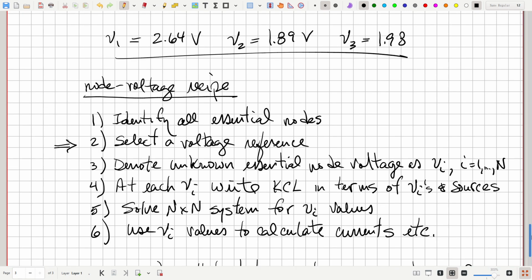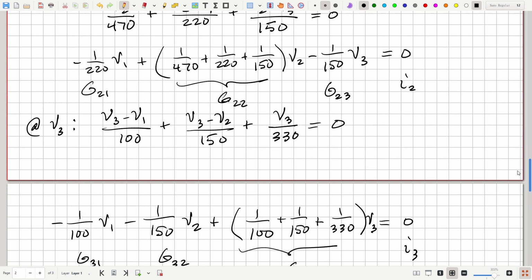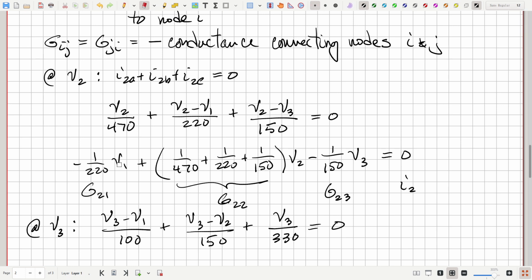And why is that? Well, remember what happened up here when we wrote out these equations. For the GII term, we get a term that we have to sum up, one for every one of the devices attached at that node.